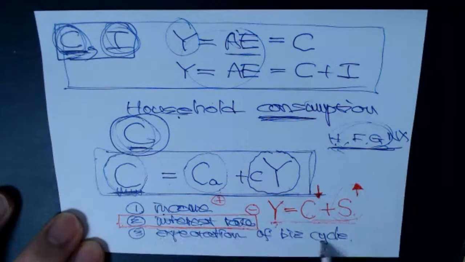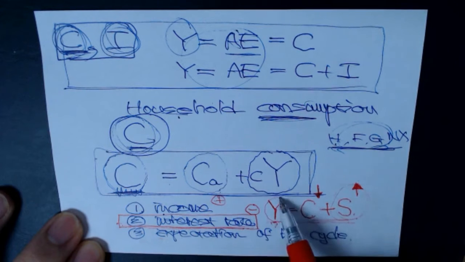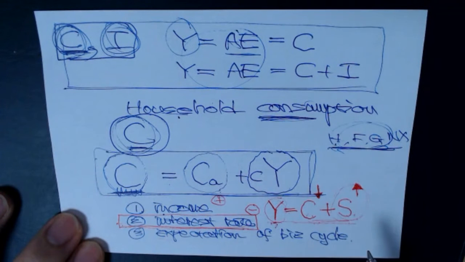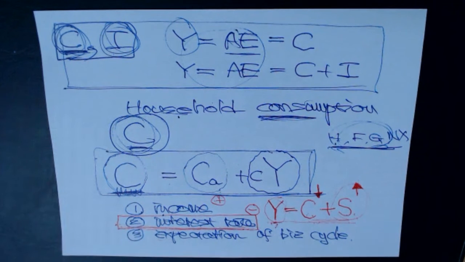And what about this expectation of the business cycle? You have a certain amount of income. What about nowadays when we are suffering the pandemic in Ho Chi Minh City? Are you going to increase consumption or decrease consumption? What's your decision?